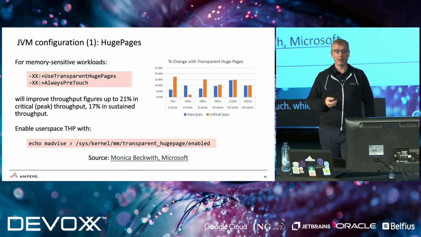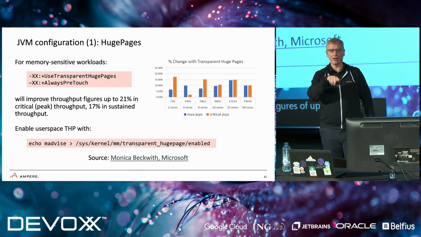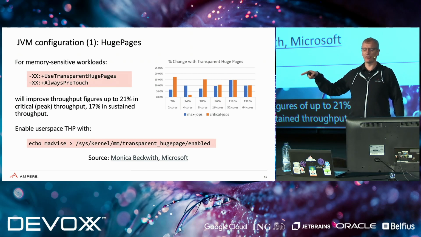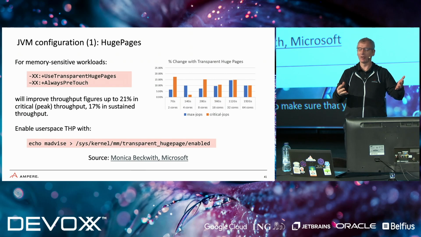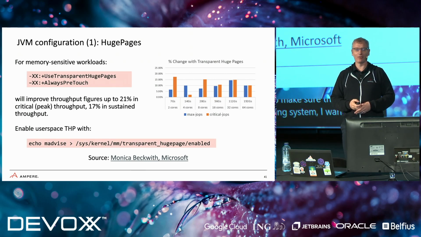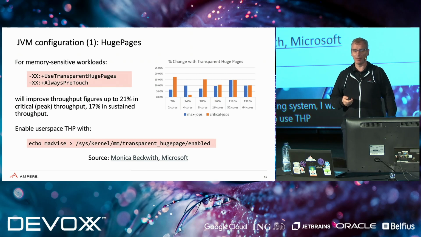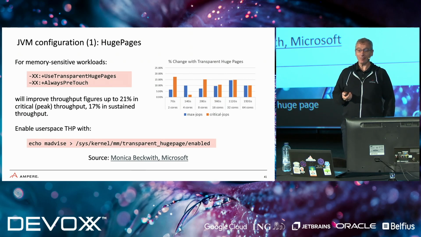She has seen an improvement in throughput figures of up to 21% at peak throughput and 17% in sustained throughput. And if you want to use that, you need to make sure that your user space can advise the operating system, I want to use THP. So you need to add madvise to the transparent huge page configuration.